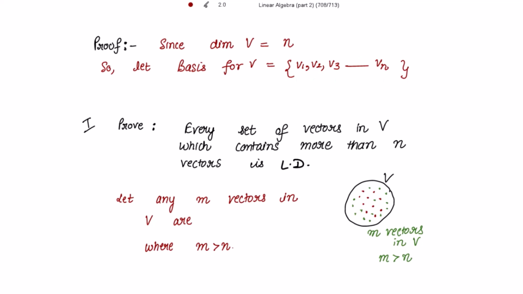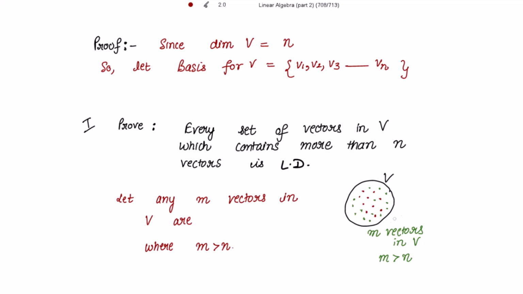I have to prove first that every set of vectors in V which contains more than n vectors is linearly dependent, because the basis for V has n linearly independent vectors. If I increase this number more than n, then that set of vectors should be linearly dependent. First we will show this, and we will use this result in the further proof.